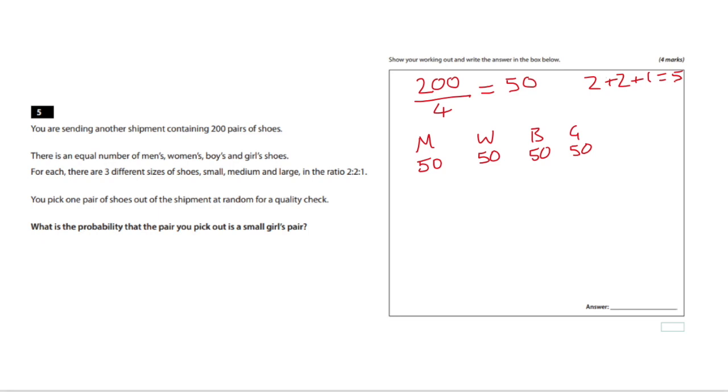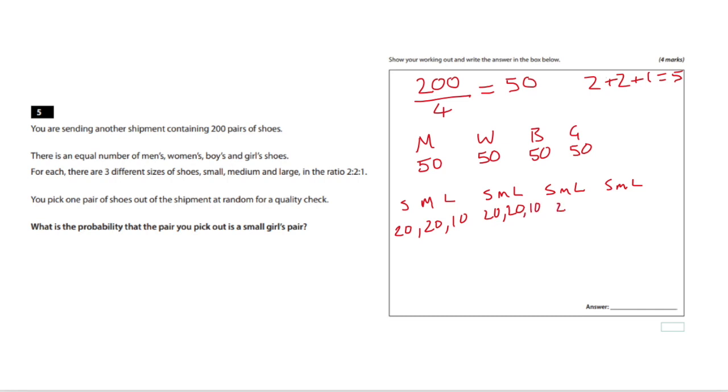So if we write out our categories, we've got small, medium and large. So small, medium, large, small, medium, large, small, medium, large, small, medium, large. 2 times 10 is 20. 20, and then another 20, and another 10. 20, 20, put some commas here, and another 10.